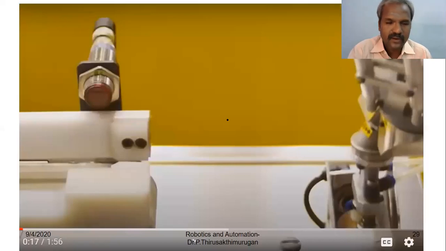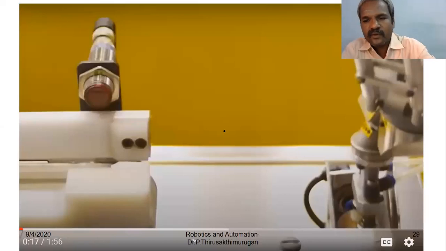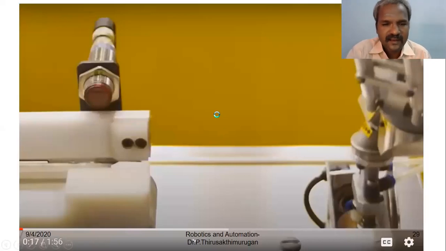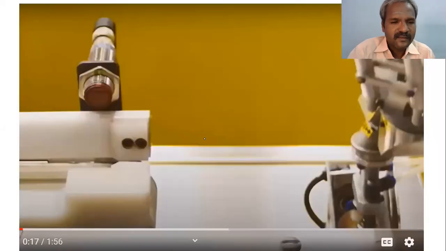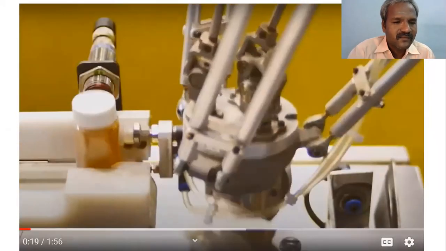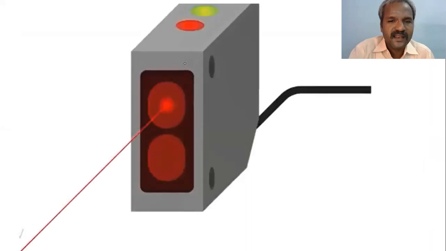Let's see one simple example of a proximity sensor. This is a sensor. When the object comes, this sensor gives a signal. This is an IR proximity sensor. It emits IR rays here, and this is the IR detector.